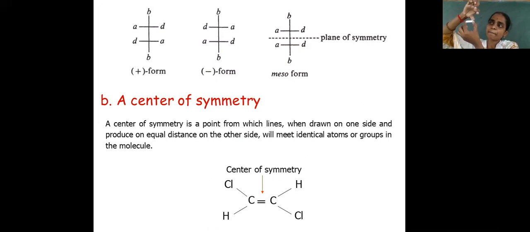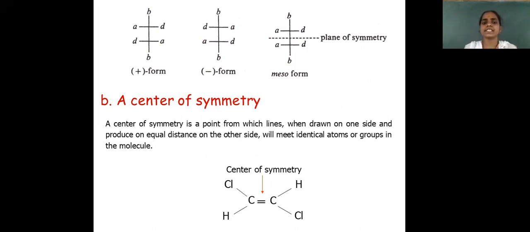For example, on this side chlorine is there. On the same side where I am passing the line, on the opposite side the same chlorine should be there. So chlorine here means chlorine there; hydrogen here means hydrogen there.